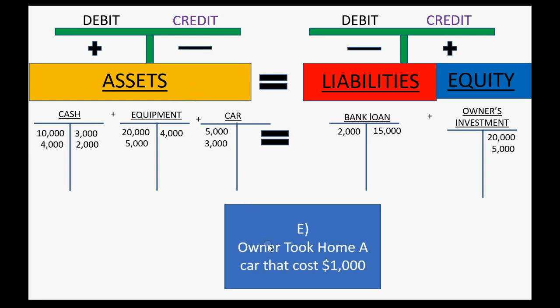And if the owner is taking asset value out of the company, that means they invested less. So car must be credit because the business has less car, and car is an asset and car is minus. So car will be credit. And if car is credit, the other account, owner's investment, must be debit because the owner has less investment in the company because they took out some asset.